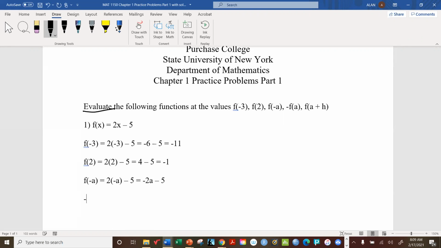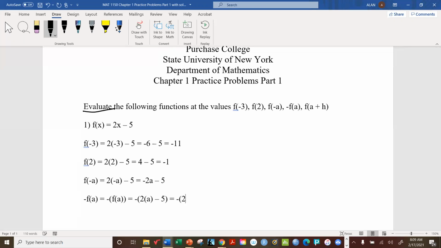How about negative f of a? Now, this is a little trickier. Well, not really, because what you're doing then is you are taking f of a and multiplying it by negative 1. So we're going to start by calculating f of a. I'll just write the negative on the outside to remind us that what you're actually doing is you're evaluating this function at a, and only then do you apply the negative.